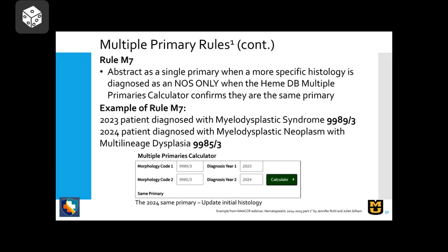The histology code from 2024, 9985/3, is entered in code 2. The multiple primaries calculator tells me that these are the same primary. The second code is a more specific histology, and I will need to update the initial histology from 2023 to 9985/3 to reflect the more specific histology. And remember, only use the multiple primaries calculator if the rules tell you to do so.